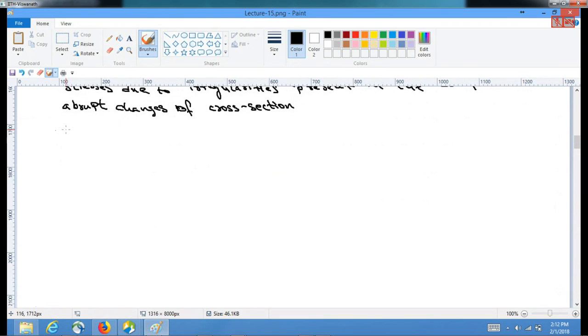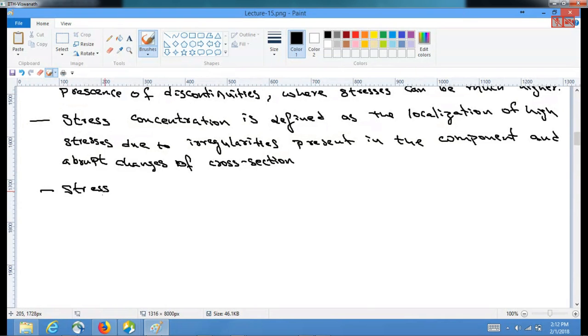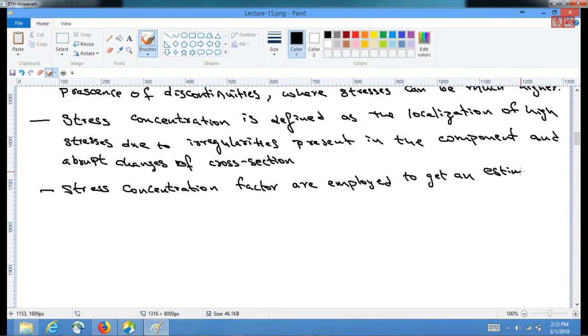And stress concentration factors are employed to get an estimate of the localized stresses at the discontinuities.